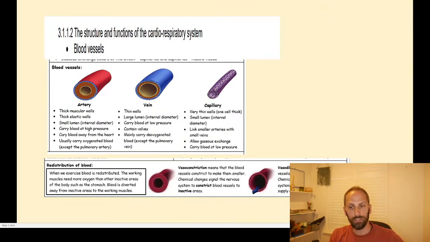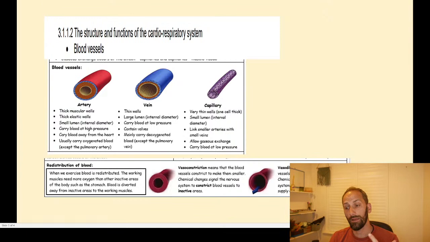They have a small lumen, so what that means is the internal diameter of the artery is actually quite small, and it's able to carry blood at really, really high pressure. Essentially it's generally carrying oxygenated blood away from the heart, except in the pulmonary artery, because that's carrying blood which has been deoxygenated. So that's something that you absolutely need to understand.